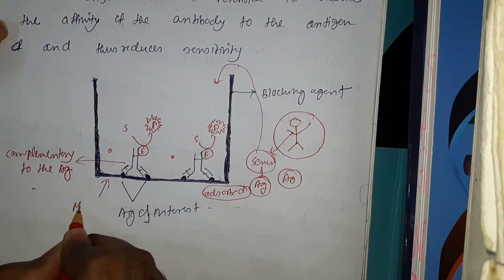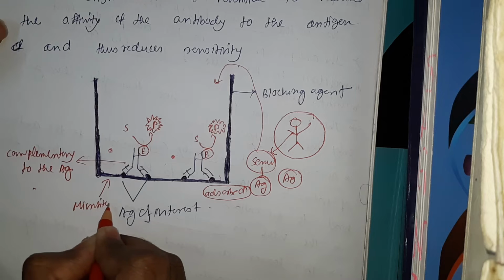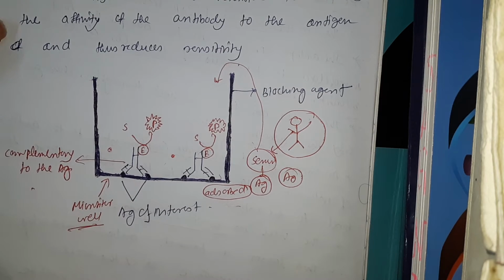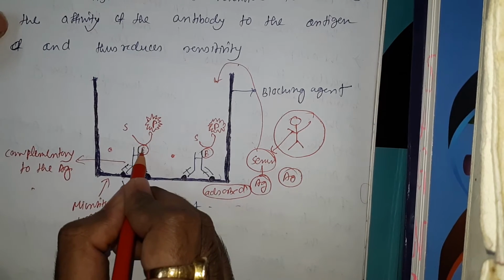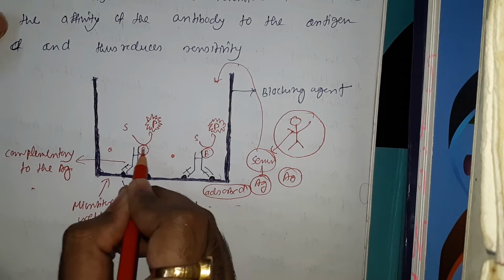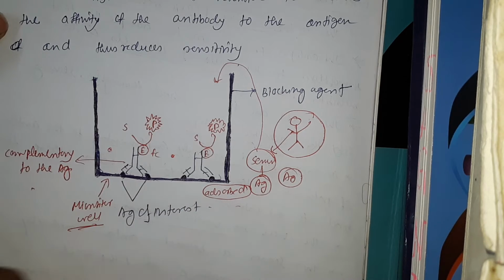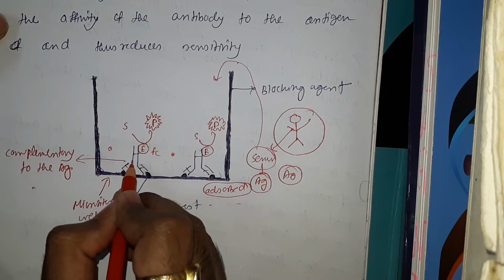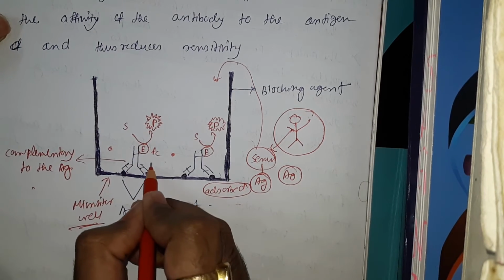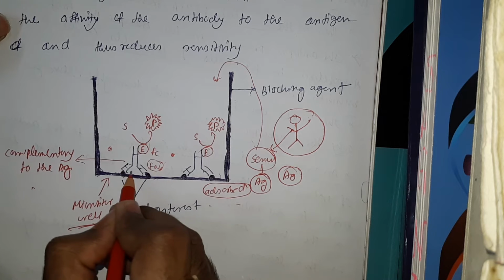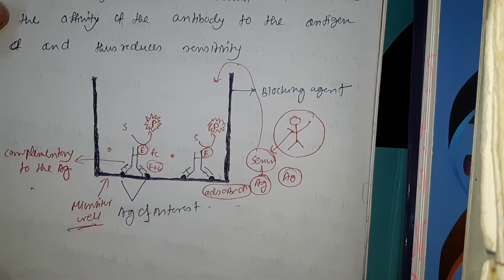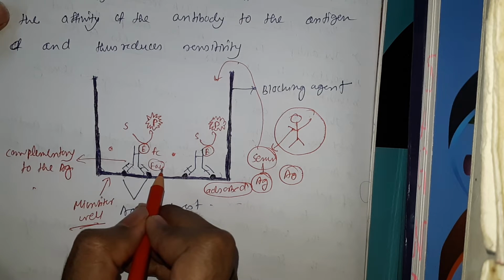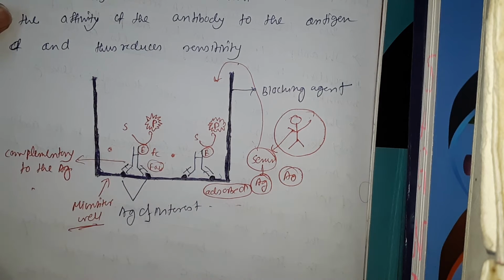This type of container is known as a microtiter well. This type of antibody is also attached with an enzyme in its Fc portion. This portion of the antibody is referred to as Fc, and the portion which interacts with the antigen of interest is Fab. Fc is the fragment crystallizable, and Fab is the fragment antigen binding.